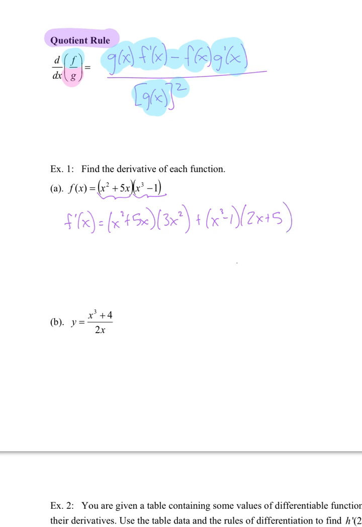Now you'd think I'd be nice and let you leave it that way, but you all know by now I'm not nice. So this I have to distribute, and this I need to FOIL. My next line is going to look like this.